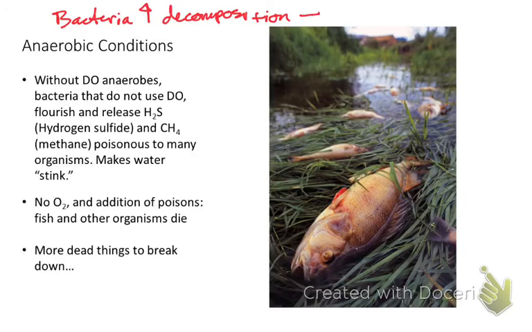And basically that's going to result in a decrease in DO because these bacteria are going to be using oxygen for that. They're aerobic. Eventually, it's going to go to anaerobic conditions, which means low dissolved oxygen.